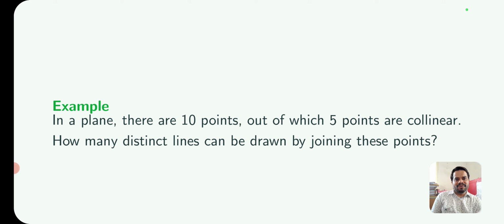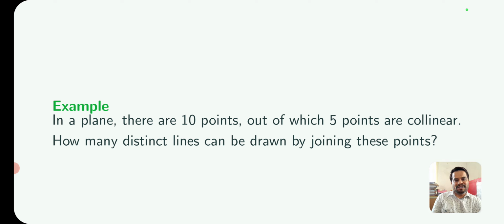So if we see how many distinct lines can be drawn by joining these points, to draw a line, minimum 2 points are required. So we have to solve this example in 2 cases.